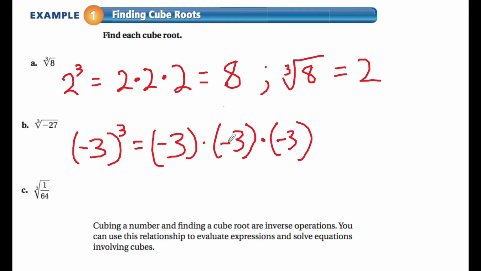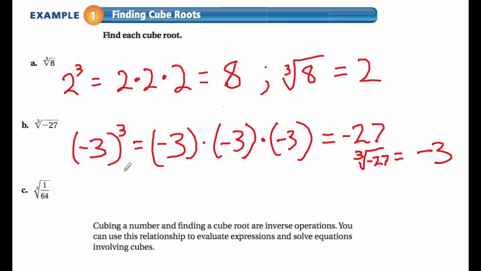So a negative times a negative is a positive. So now a positive times a negative is a negative. So this will give us negative 27. So the cube root of negative 27 is equal to negative 3.